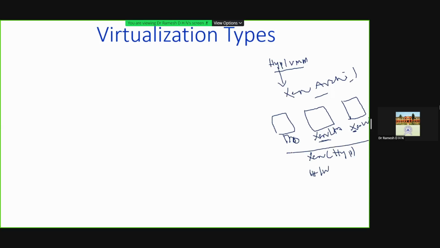As I told you, the guest operating system which has the control ability is called domain 0. It has control over all the guest operating systems, and the others are called domain U. We can call this utilization or user domains. So these are the user domains, and domain 0 has control over all the user domains.